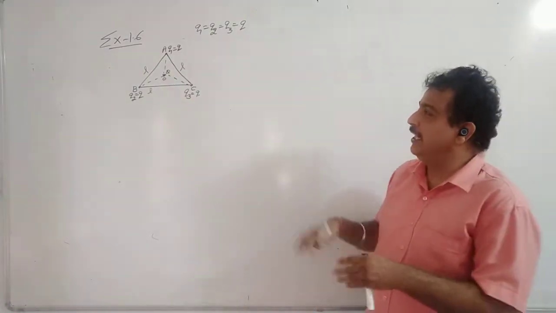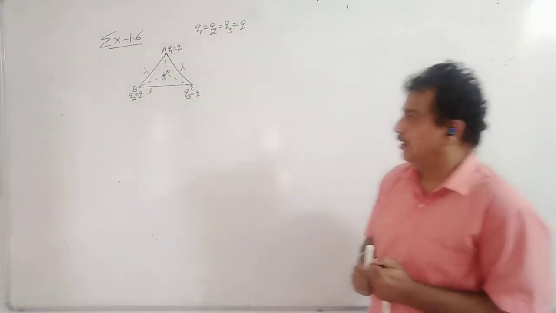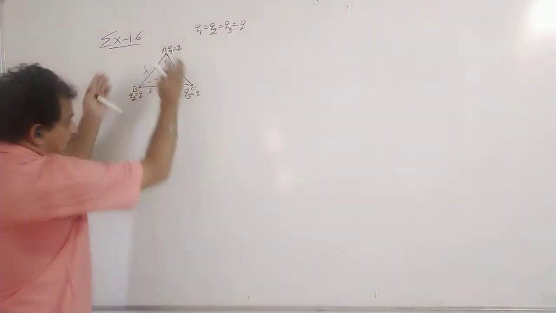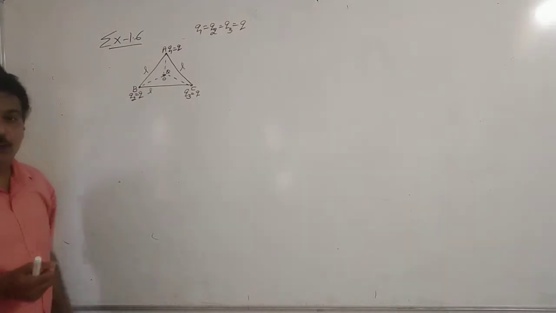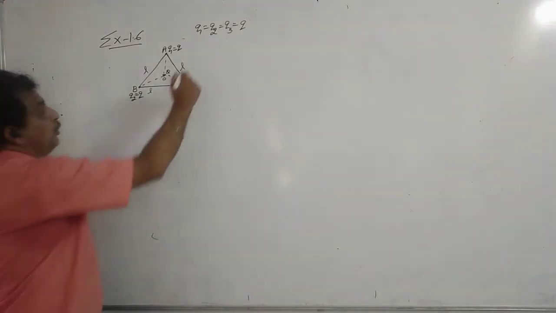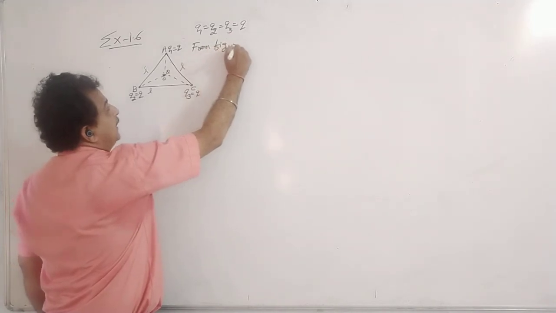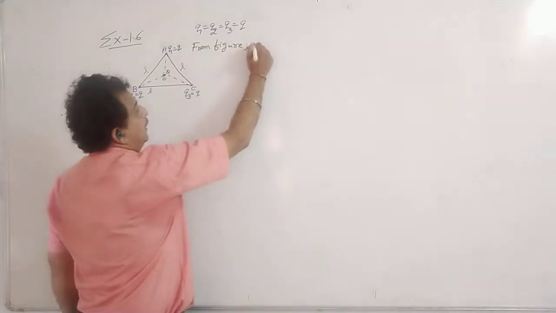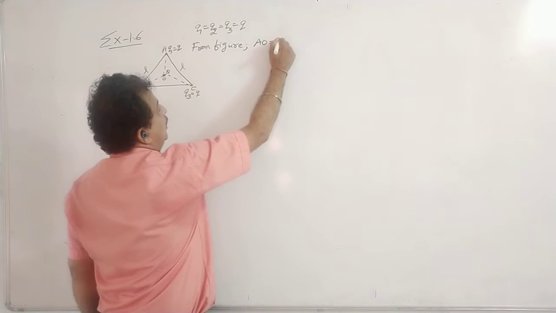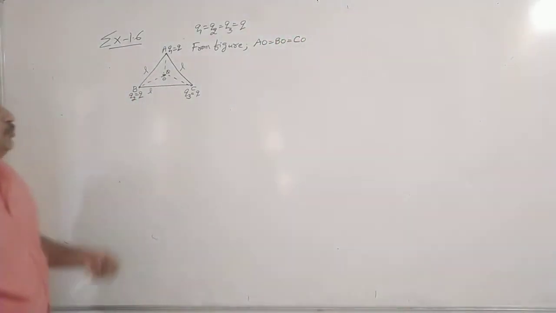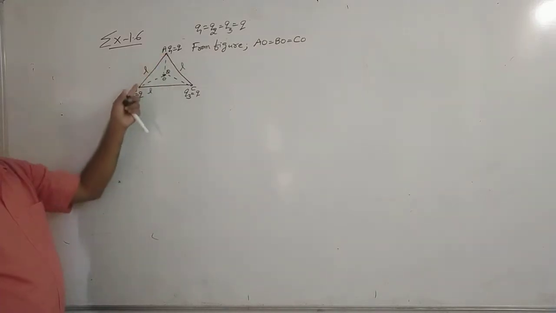Now how to deal with such numericals? First thing is, let us check the geometry. It is an equilateral triangle. So from the figure, I can say AO is equal to BO is equal to CO, the distance between the centroid and the source charges.